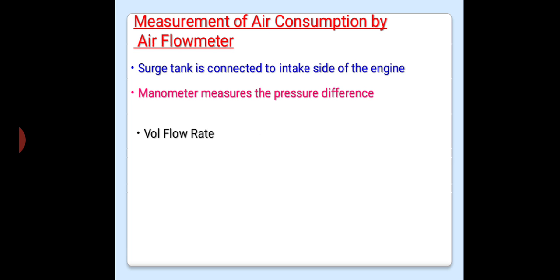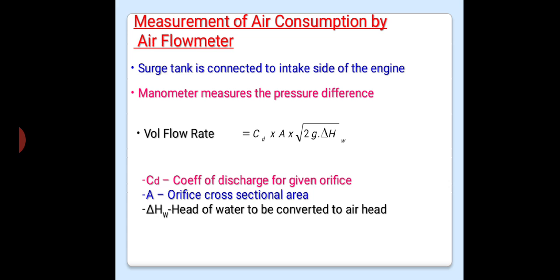So we can measure the volume flow rate, which is equal to CD into A into under root 2 g delta H, where CD is the coefficient of discharge for the given orifice, A is the cross section area, and delta HW is the head of water, which is converted into head of air.